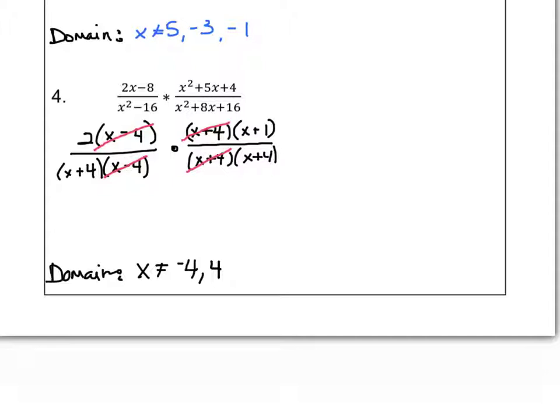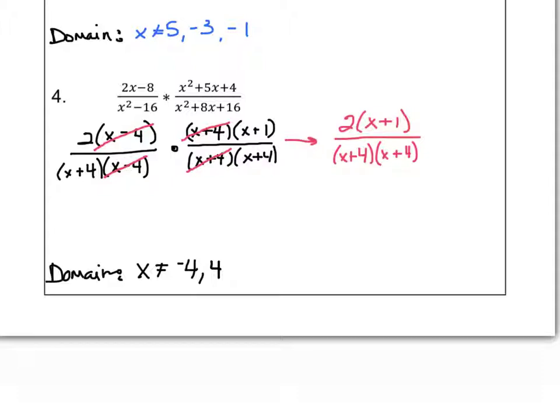As I look now, I don't have anything else that can cancel top and bottom. So on the top, I'm going to combine everything together. I have a 2 and an x plus 1 on the top. And on the bottom, I have an x plus 4 left over and another x plus 4 left over. So I've accounted for everything. Nothing else can cancel, and that's my final answer.